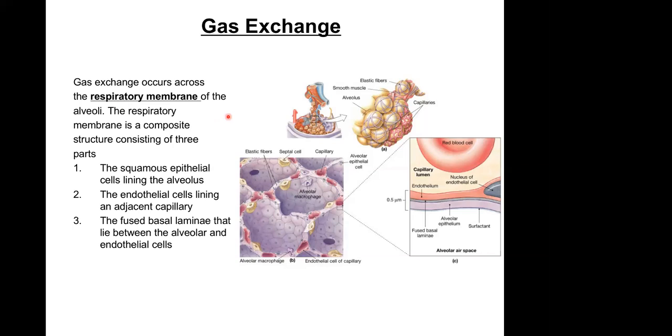So now we know, as soon as you breathe, the air goes from the mouth or nose to the pharynx, then to the larynx, then to the trachea, then to the left or right bronchus, depending on which lung you are looking at. From there it divides into primary, secondary, tertiary bronchioles, eventually terminal bronchioles.